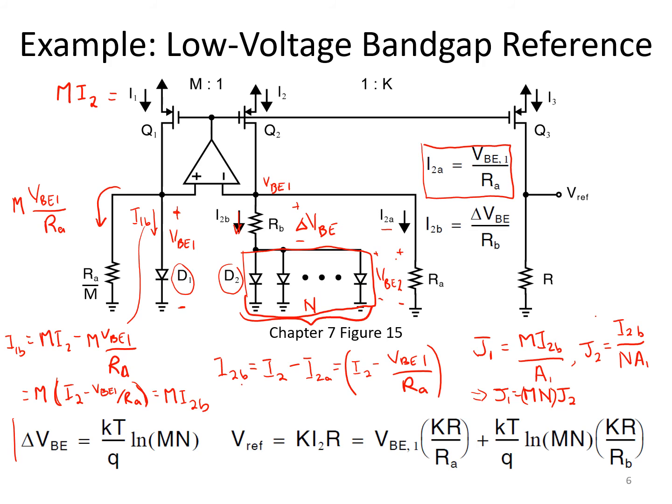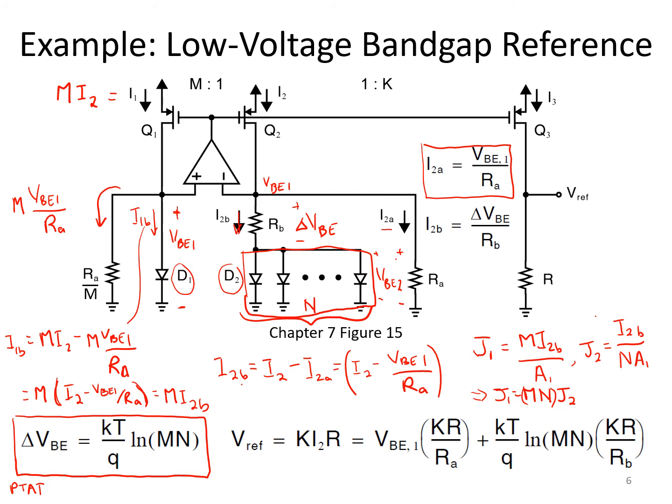That delta VBE is our PTAT voltage, where the thermal voltage kT over q is scaled by the natural logarithm of M times N. So M times N are variables that we can play with as designers to try to realize some desired temperature coefficient for this PTAT generator delta VBE.